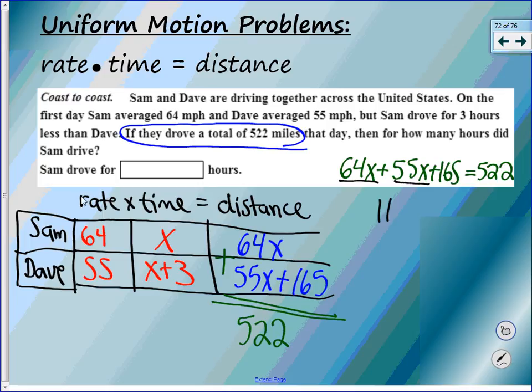So I have 119x plus 165 equals 522. I'll subtract the 165 on both sides.